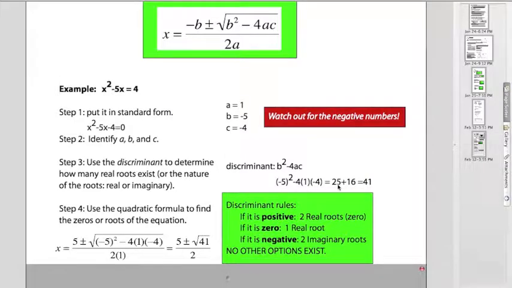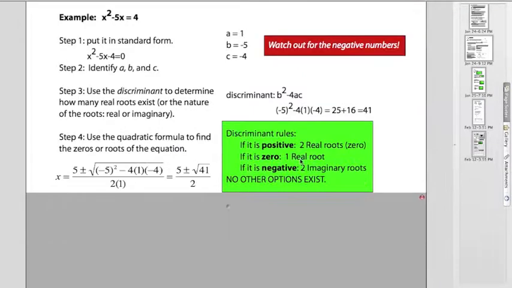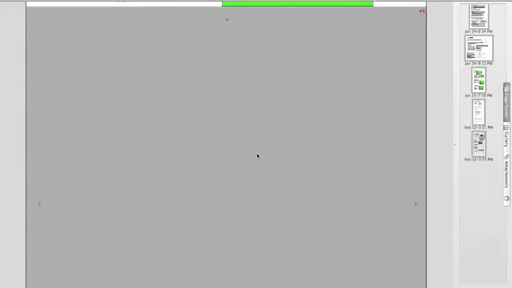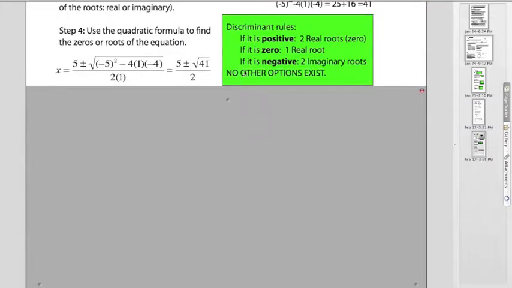So I have 25 plus 16 to give me 41. Because that says it's positive, then I'm going to have two real solutions. Two real roots, none of them will be imaginary. And you'll see that as we go along. Okay? We'll come back here.